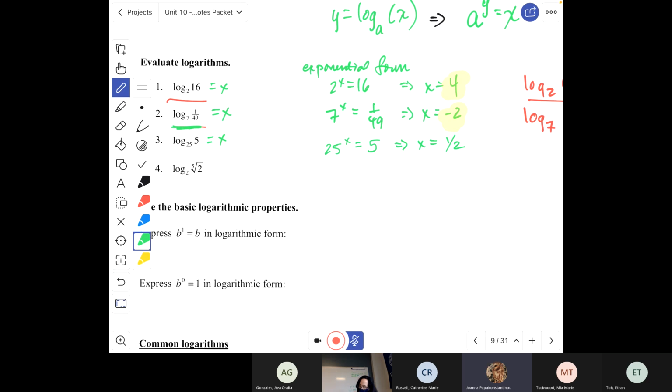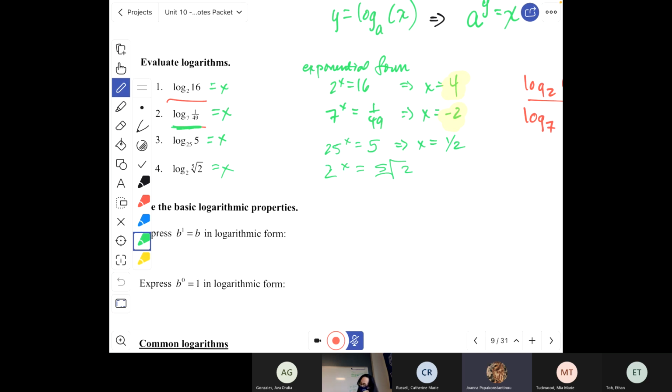And what about the next one? If I were to rewrite the next one in exponential form, what would it be? The 5th root of 2. Yes. Now that's kind of ugly here, so let me fix that. This example looks weird.